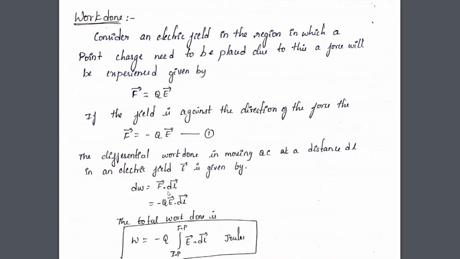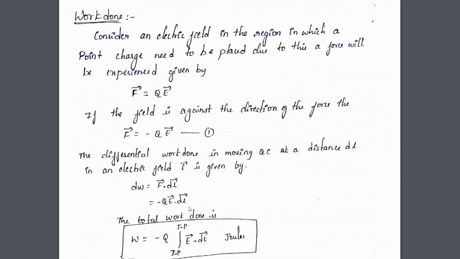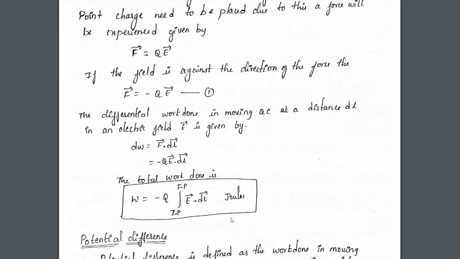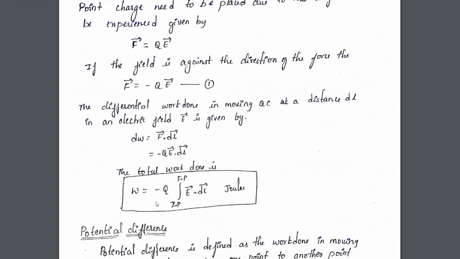Whatever value of F you calculated in equation 1, you substitute for F here. So dW will be equal to minus Q E dot dl.